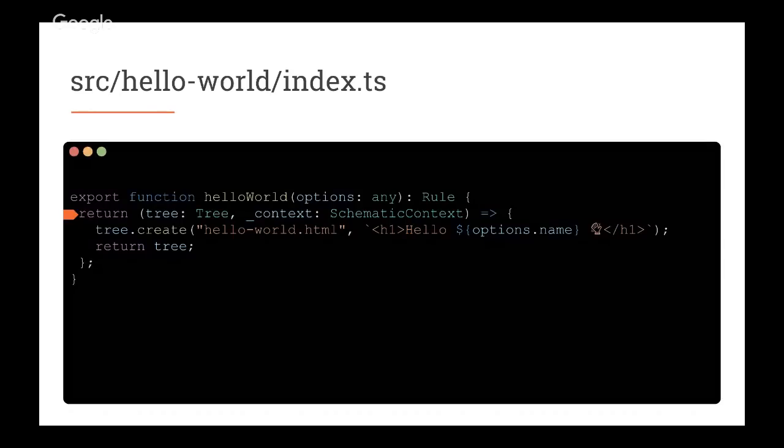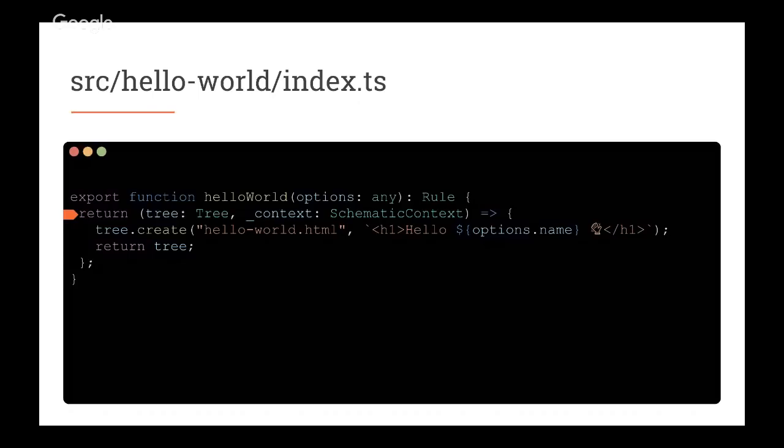So we see we have a function that returns a rule, and we step down one below, and that returns another function that is passed a tree and a context. And so like Brian was saying, with schematics you're operating on a kind of a virtual file system, or kind of an in-memory application.